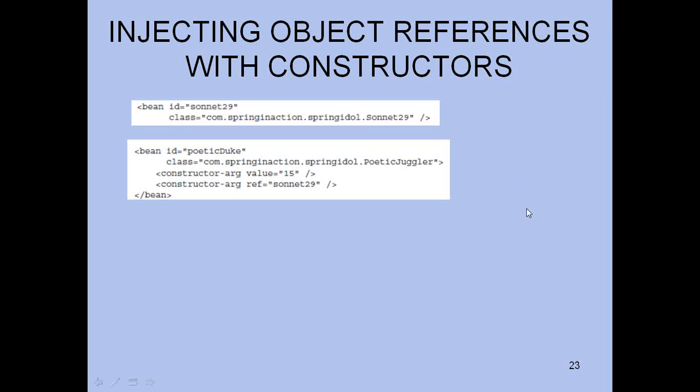I haven't shown you here the complete implementation, but the idea here is how to inject object references with constructors, as you have seen earlier, using the ref element. That is what I am trying to show you here as an example.